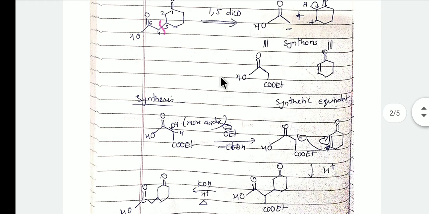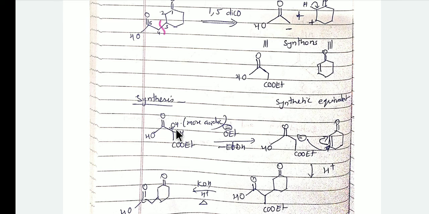We start from the synthetic equivalents, which are the starting materials. This carbon atom is more acidic, because this hydrogen is attached to a carbon that is an active methylene group, CH2, located between the two carbonyl groups, one is this one and another is this one.